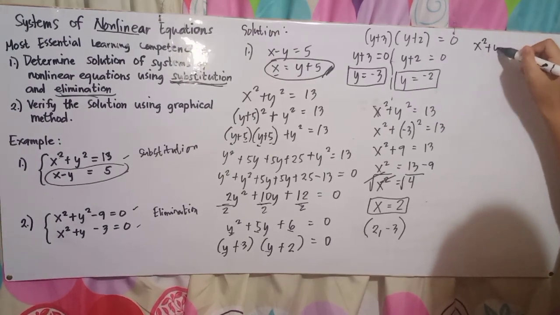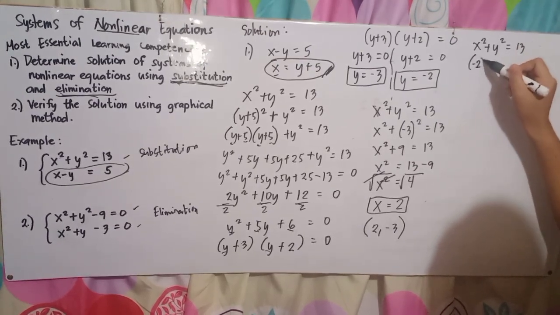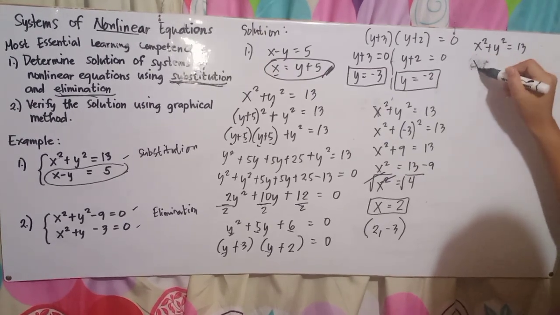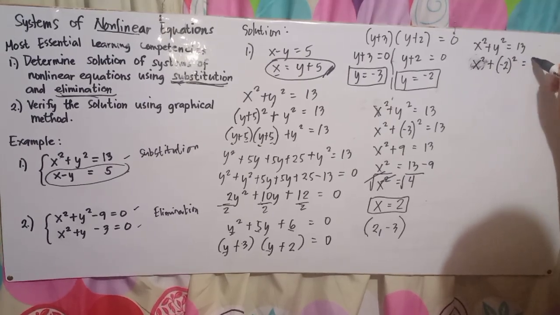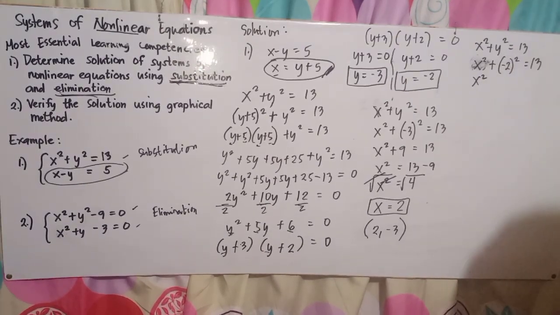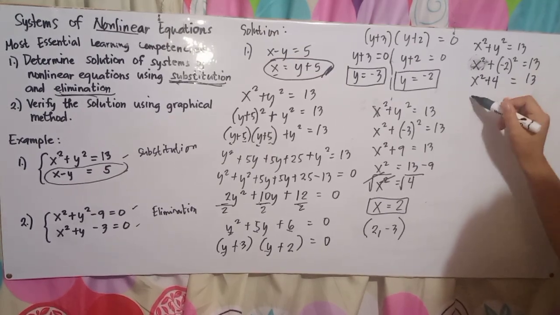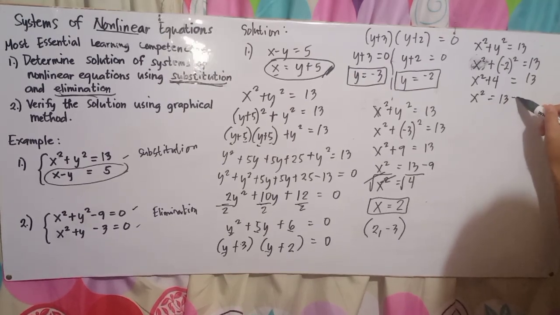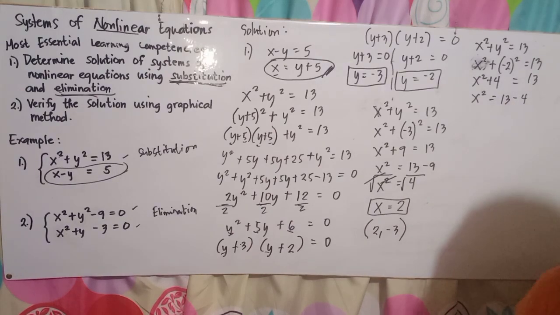X squared plus y squared equals 13. So, the value of y is negative 2 squared. X squared, negative 2 times negative 2 is positive 4, equals 13. So, x squared equals 13 minus 4, since the positive 4 becomes negative 4 when transferred.